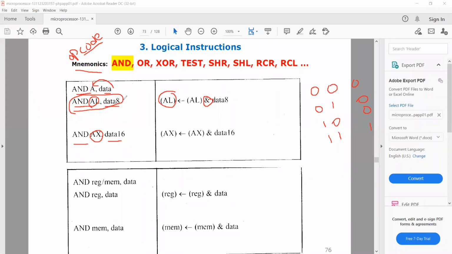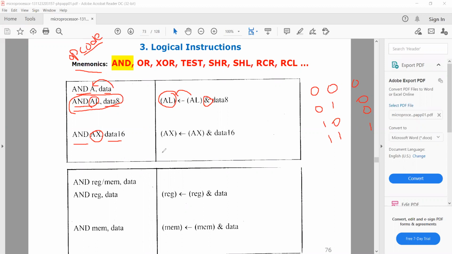These 3 points you have to be very clear about while writing or understanding a program. After performing the AND operation for the data given in the instruction and the data present in the AL register, the result will always be stored in the AL register.